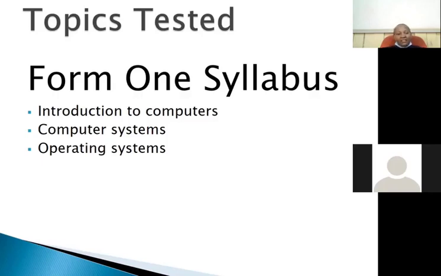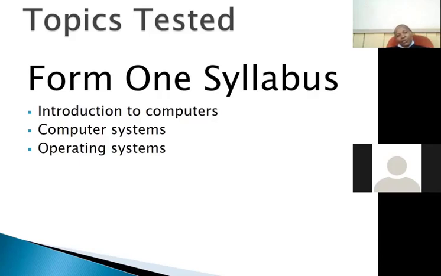Then we have the second topic, which is computer systems. Here, we look at the elements of a computer system, which are the software, hardware, and the computer user.